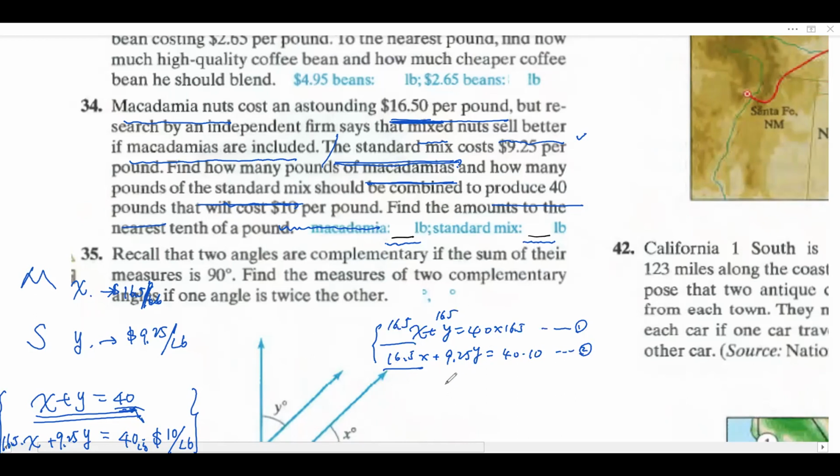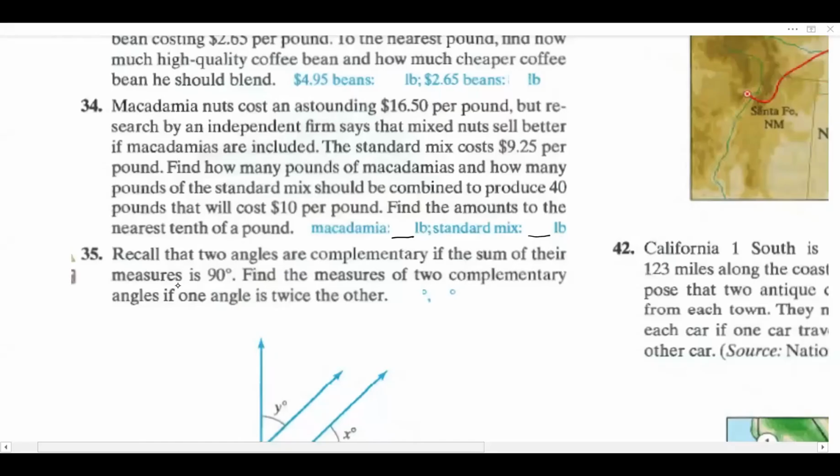Y here gets 16.5 minus 9.25, you get 7.25y. And the top minus bottom here is 40 times 16.5 minus 40 times 10. So y equals that divided by 7.25. You can use a calculator to easily get y. Since you got y, put it back into x plus y equal 40, so you can get x, right?